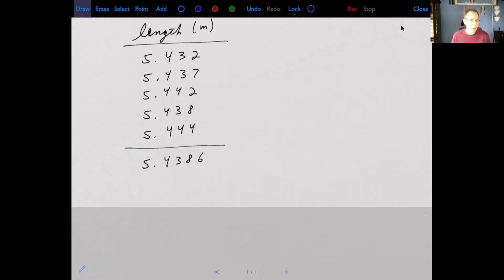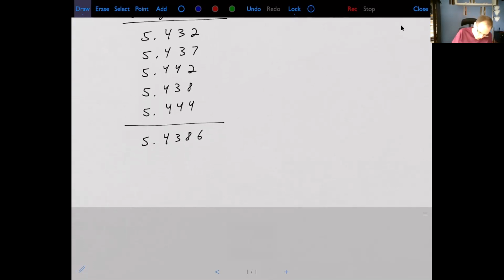So we want to round our average to the resolution of the instrument, which in this case, since it's 3 decimal places, is 0.001 meters. So this has to round to 5.439 meters. So that's going to be the average, that's our average length.